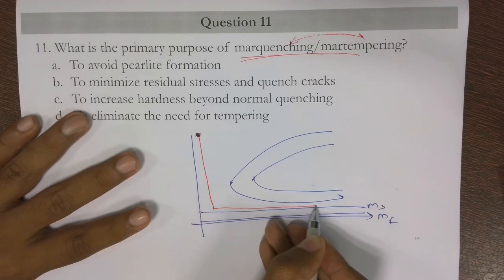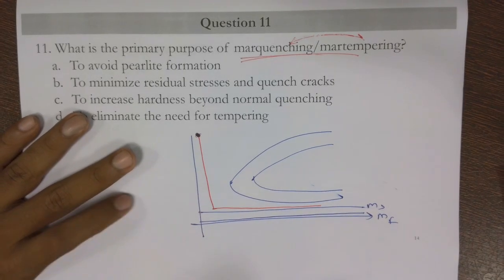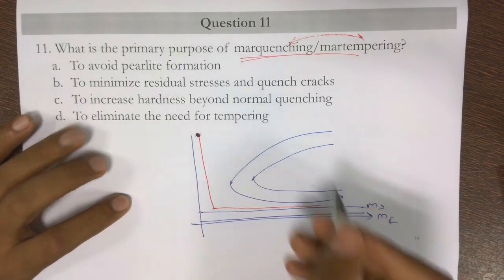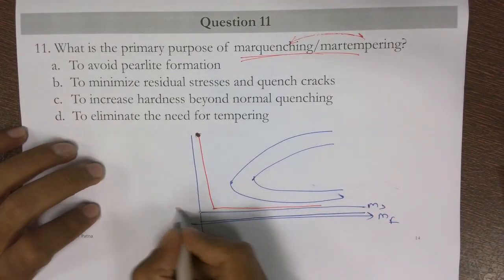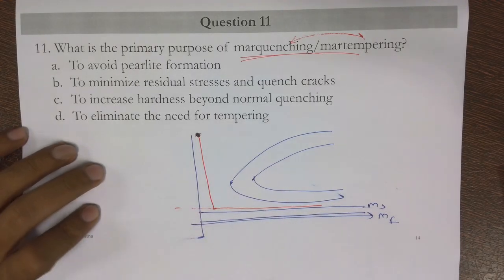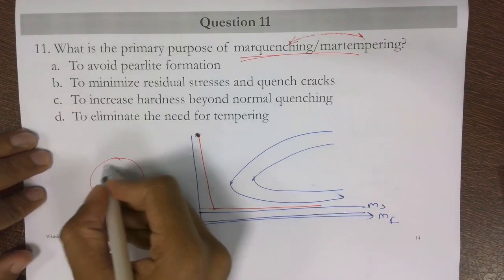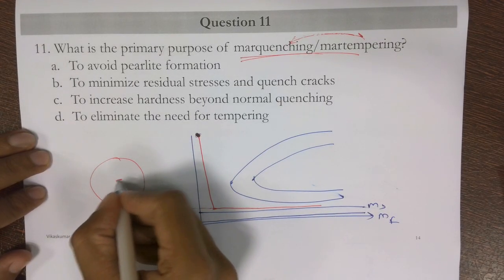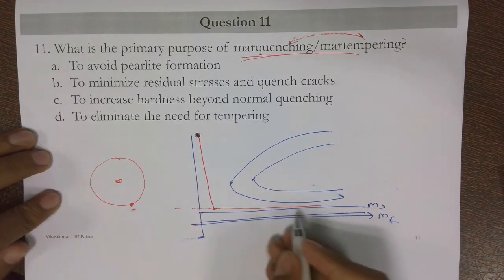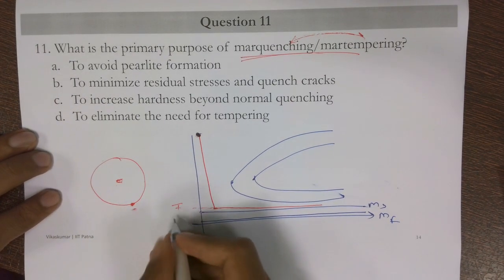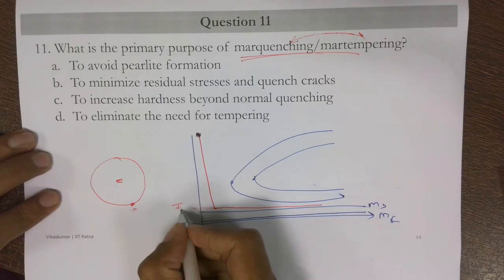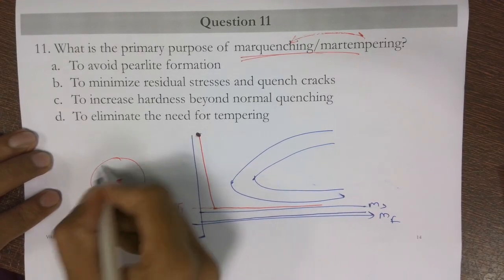So what will happen? At this particular temperature, just above the martensite start, I am holding it for a long period of time. So now the surface and the core, they both will be at this particular temperature, let's say T1. So their temperature will equalize.